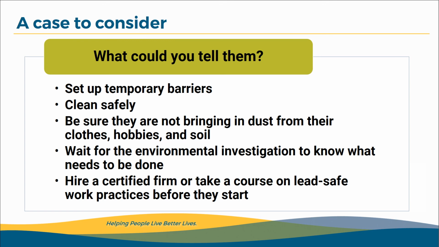But in general, it is not wise for family members to do the work on their own without formal training. The in-home environmental investigation will give more concrete messages on where the hazards are found and what to do about them. Once that happens, the family needs to find someone to do the job properly.